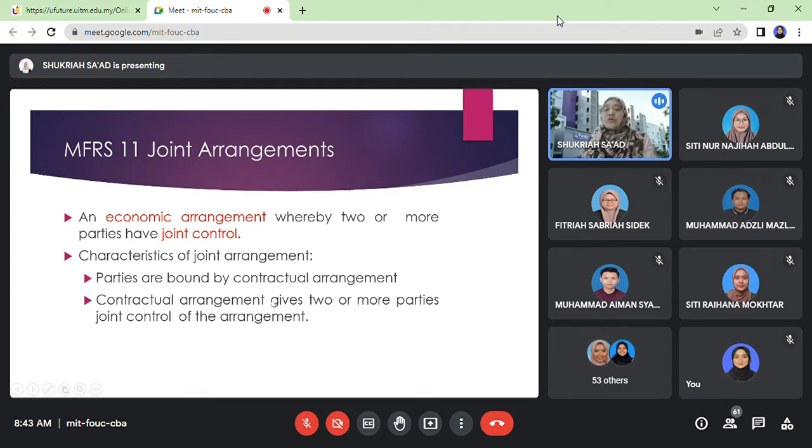So they are not only bound by the contract, but they also have the power to control the joint arrangement. However, in this case, the power will be shared, because there are at least two or more parties.